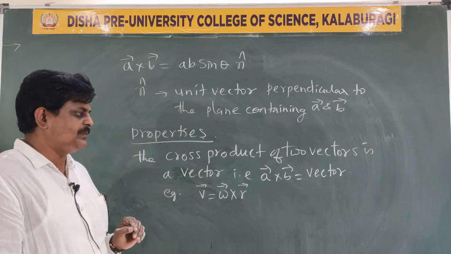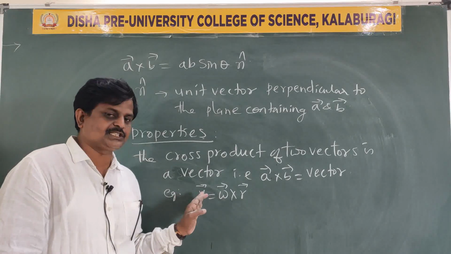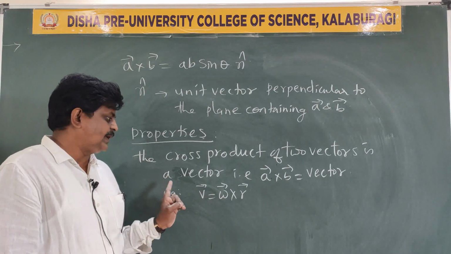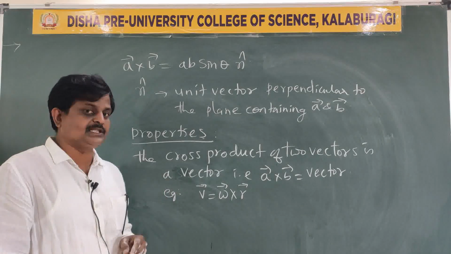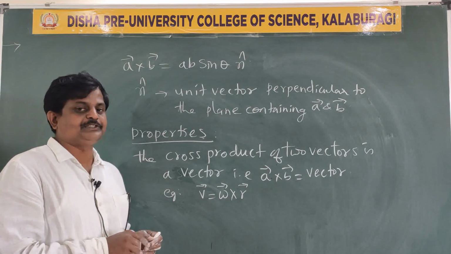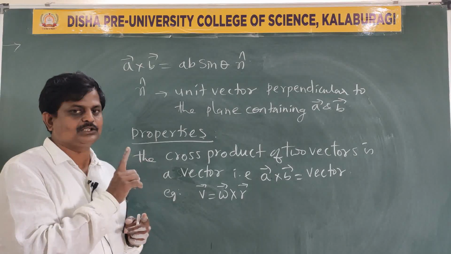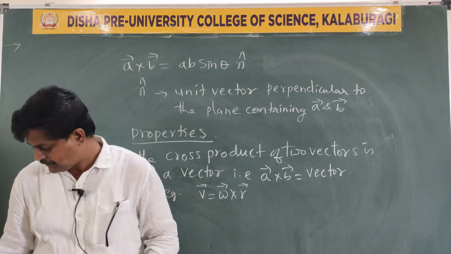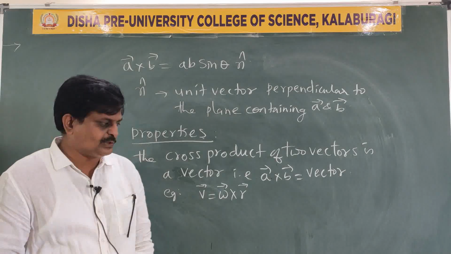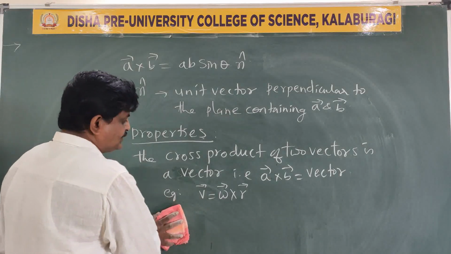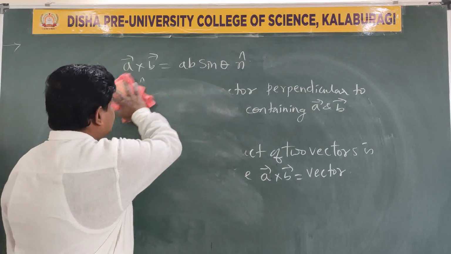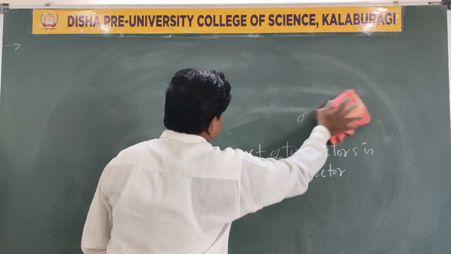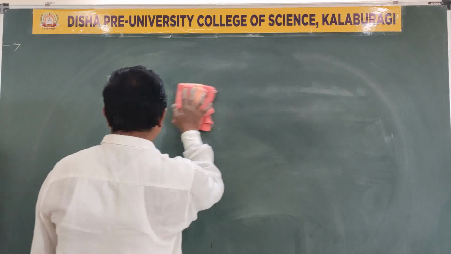From now on, remember how to find the direction of the cross product of vectors using the right-hand corkscrew rule. It is very easy to find the direction using the screw rule. Okay, the first property is clear: the cross product of two vectors is a vector.